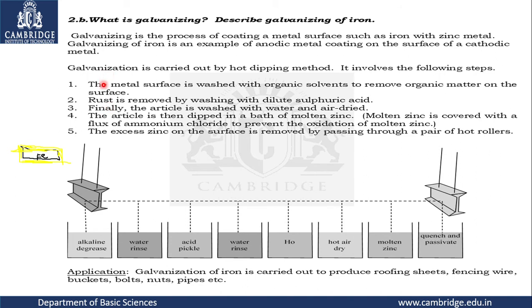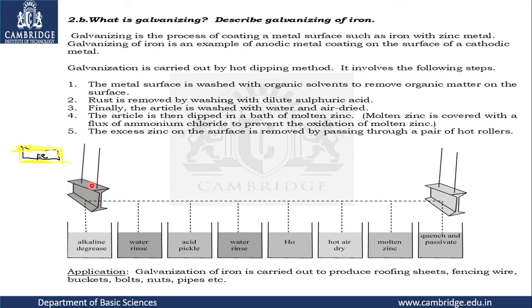Step 1 has two things: cleaning with the organic solvent, followed by sodium hydroxide cleaning to remove any residual organic matter. Later, the object is cleaned with water and subjected to acid pickling. That means only organic impurities are removed.